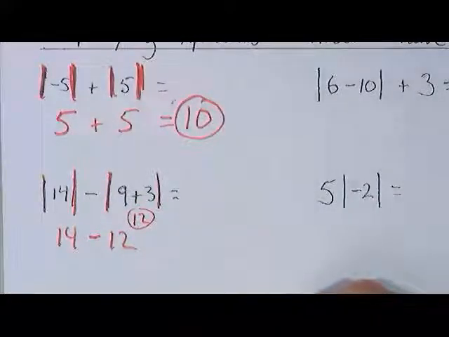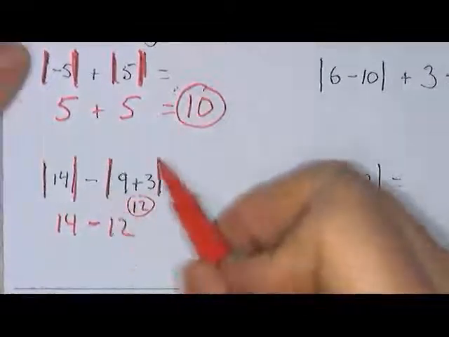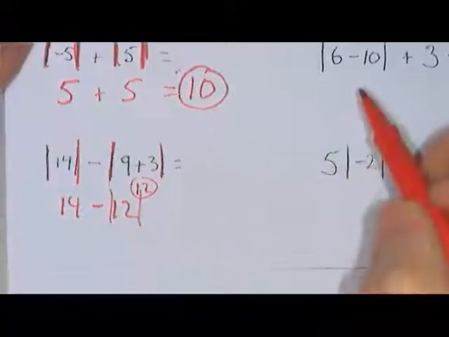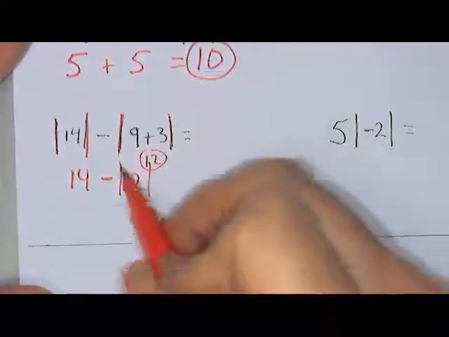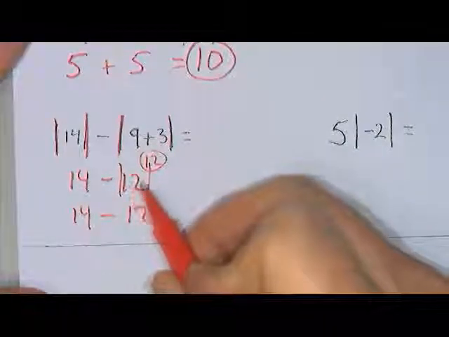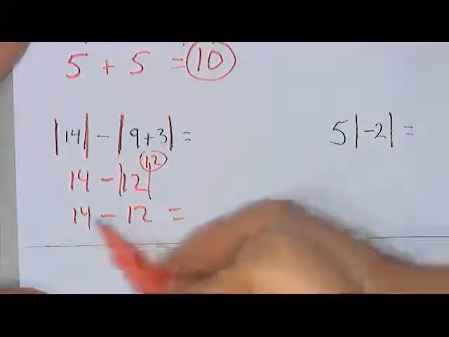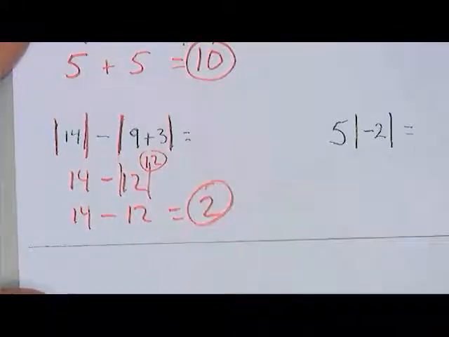It's 12 spaces. Now, I could have just done this. I could have said this is the absolute value of 12, and 12 is 12 spaces. You could do that. 12 is 12 spaces from 0. You could do that way or just shorten it up. And so 14 minus 12 is 2. Either way, the answer is 2.